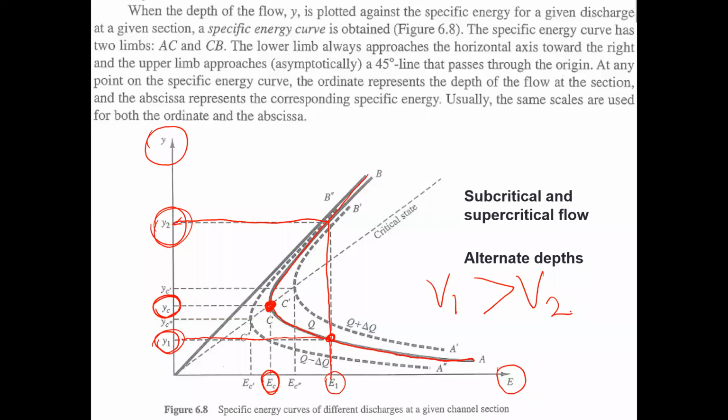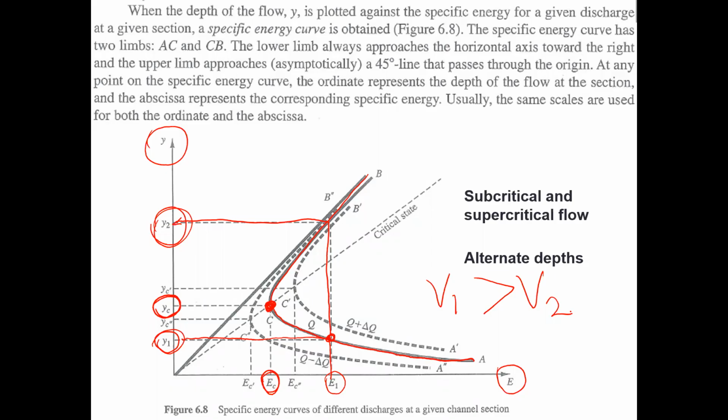Why is it? When the velocity is larger, the channel is susceptible to erosion. That is why, no matter whether it is a concrete channel or a natural channel, we need to maintain velocity at a desirable level.